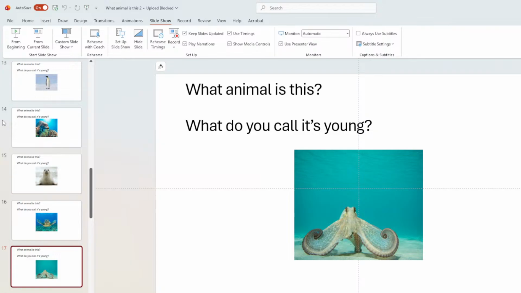And what do you call that animal on your screen now? What name is given to the animal that is showing currently on your screens?